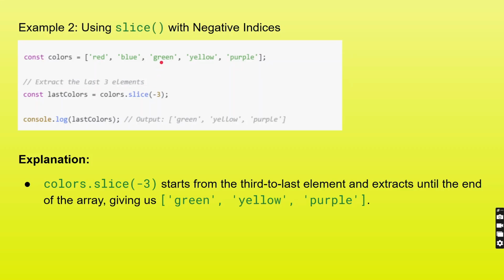The console.log of last colors output is green, yellow, purple. colors.slice(-3) starts from the third last element and extracts until the end of the array, giving us green, yellow, purple.